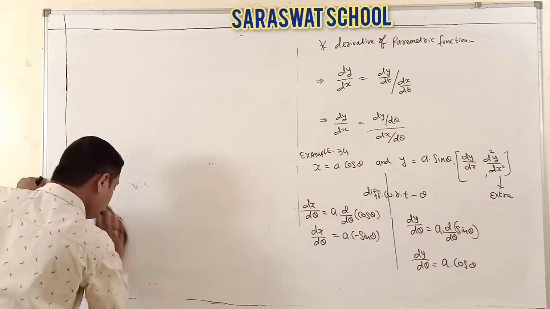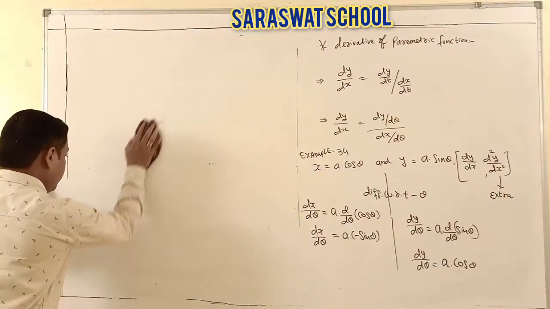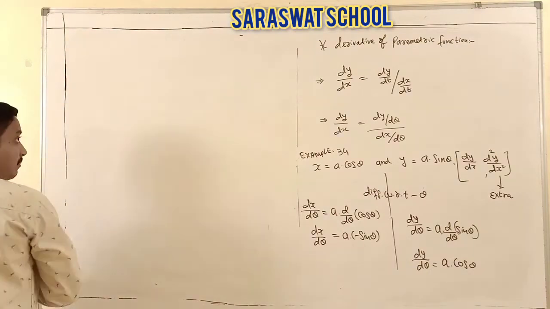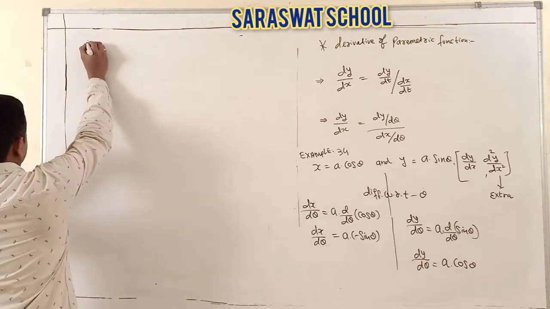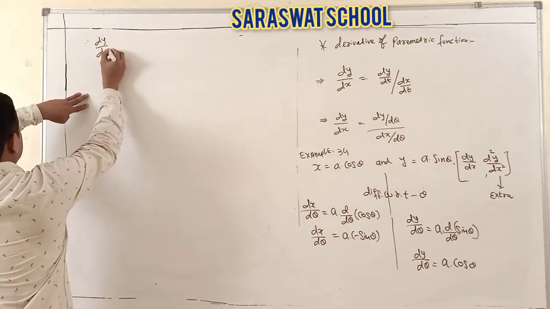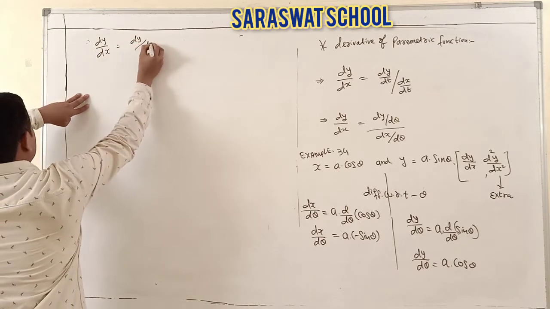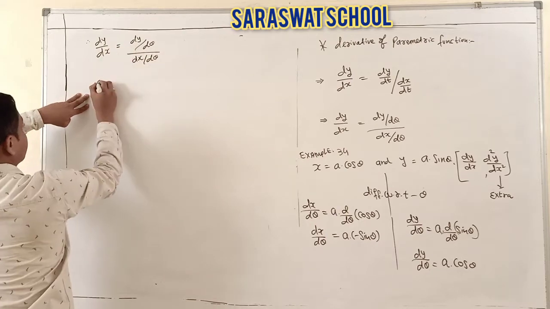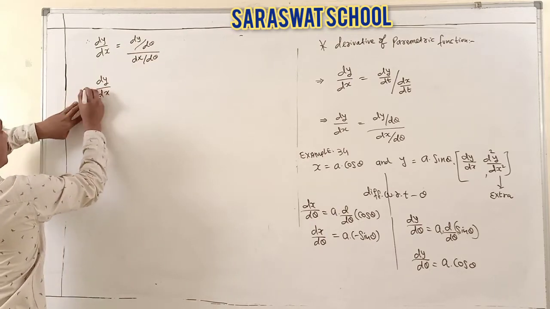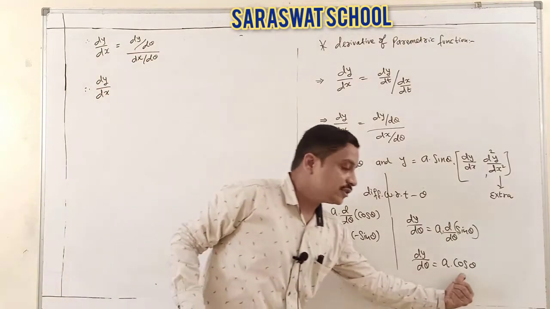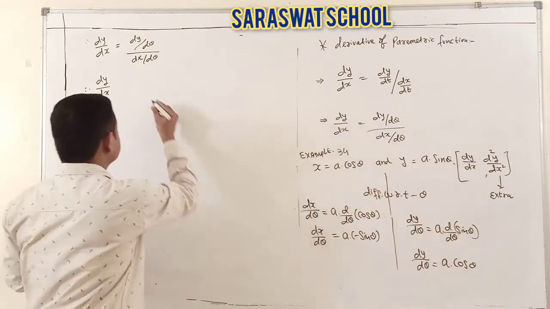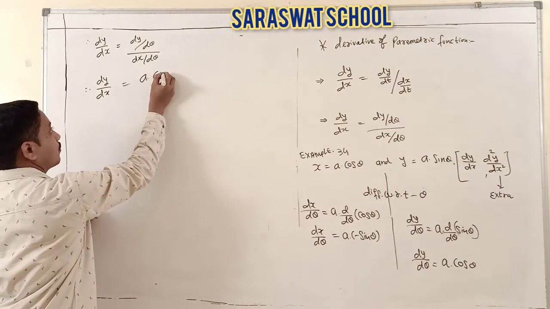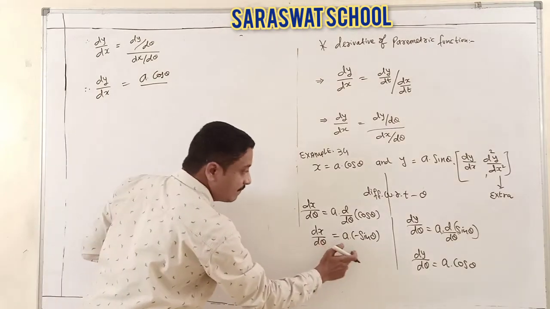My first answer: dy by dx is dy by d theta upon dx by d theta. So what are you getting? dy by d theta is a cos theta. Now what is dx by d theta?